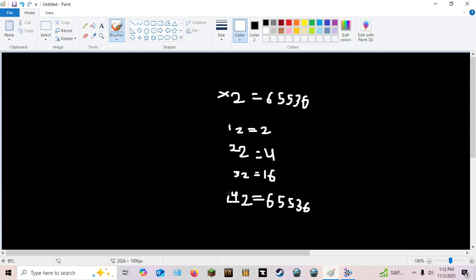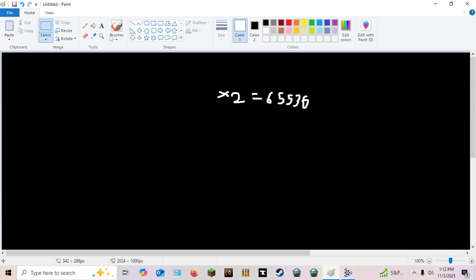So 4 is our missing number. So that means x is 4. To show your work, just take the slog base 2 of both sides.